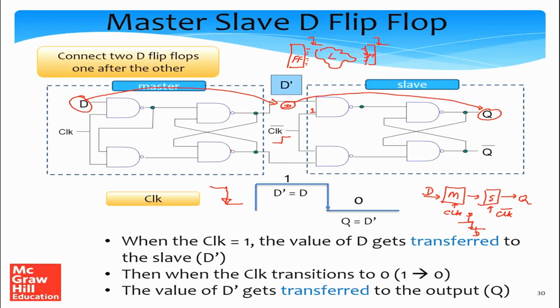Because they'll be ready just before the negative edge. Then in the subsequent clock cycle, they will be available at the outputs of this flip-flop. So this is a very, very important design strategy of digital circuits. It is called pipelining, and we'll discuss all the advantages of pipelining in chapter 9.